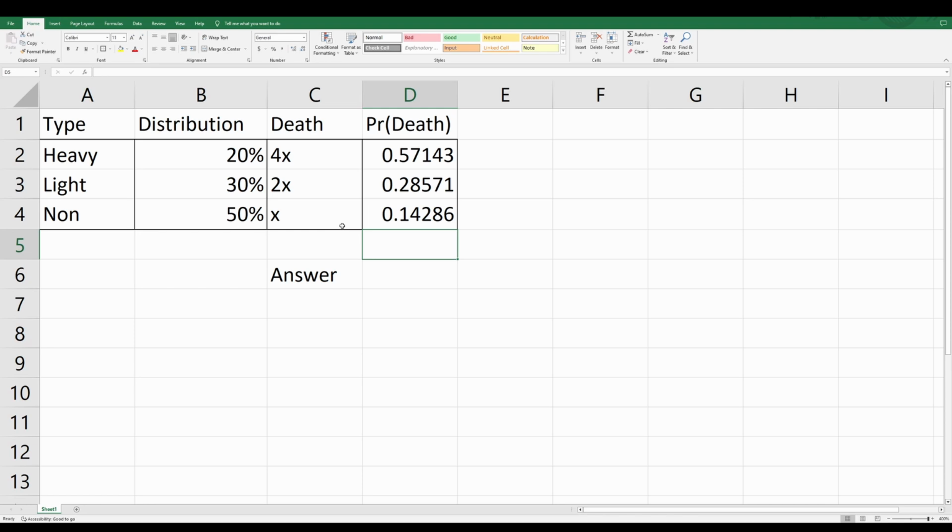And what we were looking for is, if someone had died, what is the probability that they are a heavy smoker?